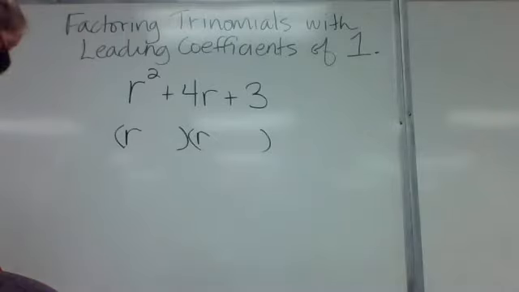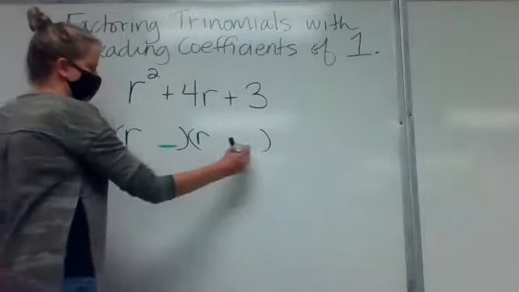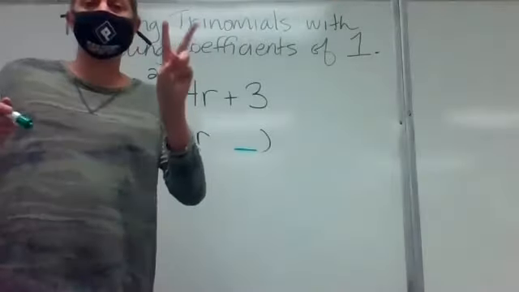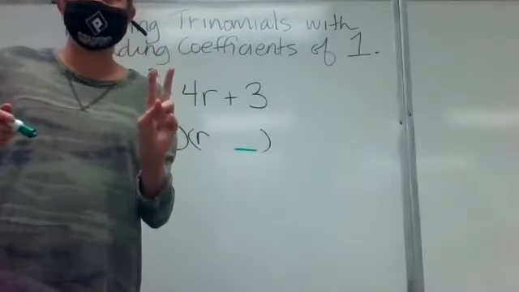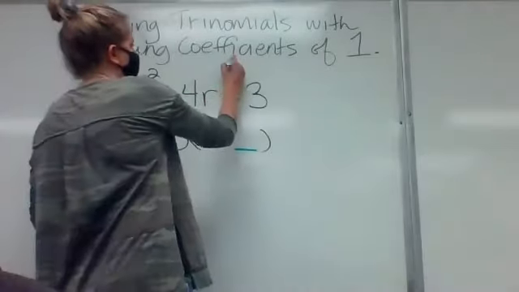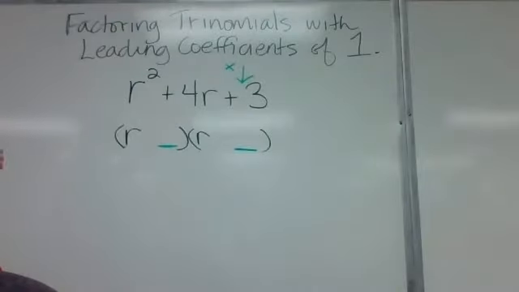Now, the second part says the numbers that I'm going to put in here and here have to do two things. They have to check off two boxes. The first box they have to check off is they have to multiply to equal whatever this last number is.